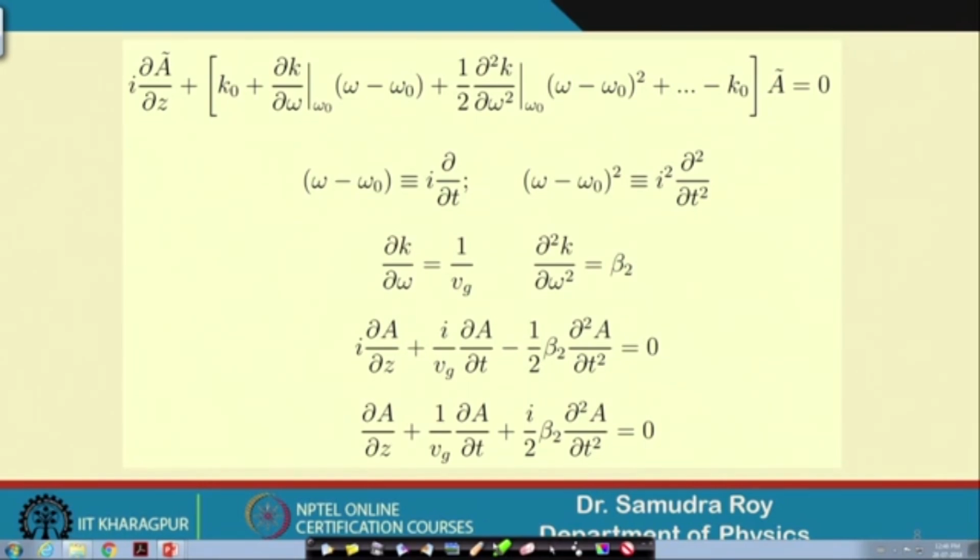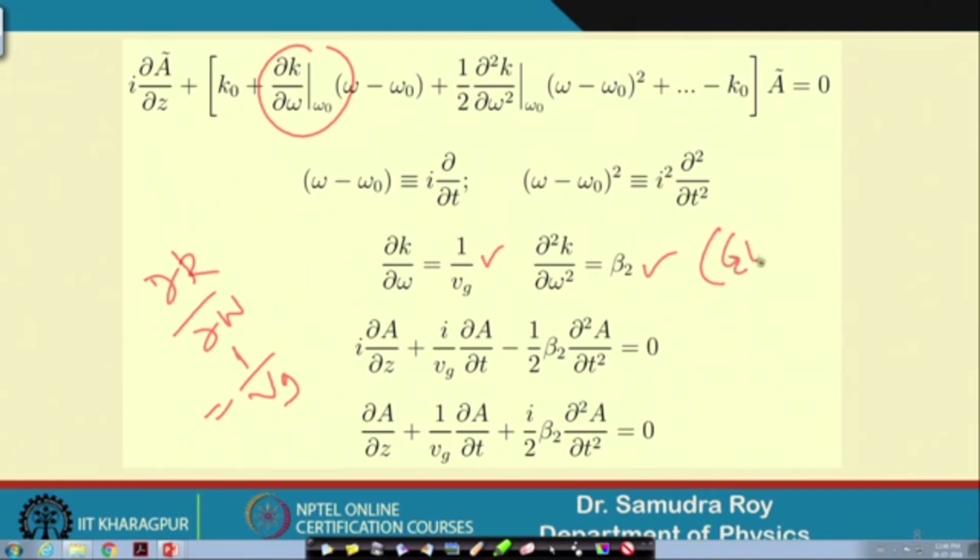Another important thing that you need to note is that this quantity dk d omega is the inverse of group velocity. So, this is 1 by V g, and I write d2k d omega square as beta 2, which we call the group velocity dispersion parameter.